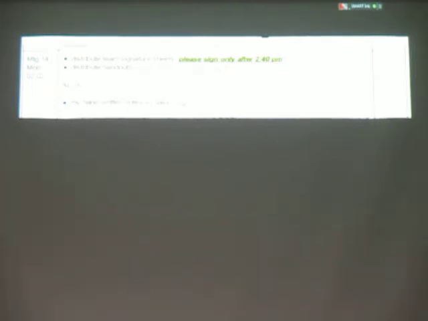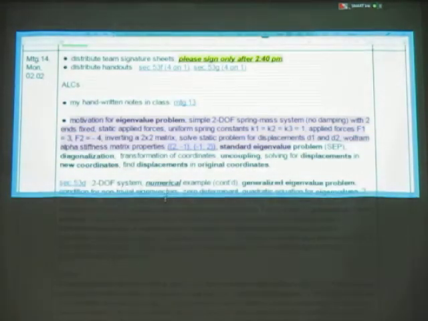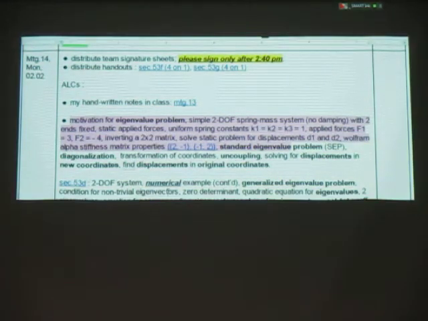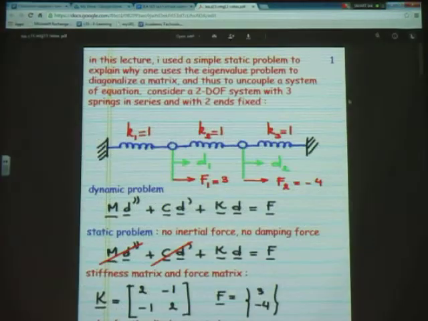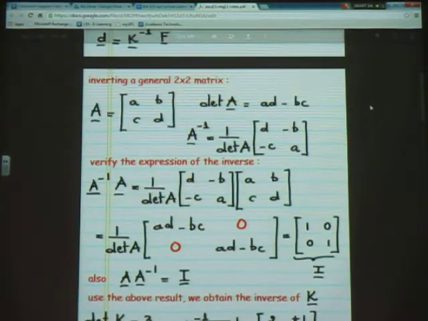Okay. I have already talked about my handwritten notes with my annotation after class. Okay, so now I continue, and you see at the beginning of class I always bring up my handwritten notes from the previous lecture for continuity.